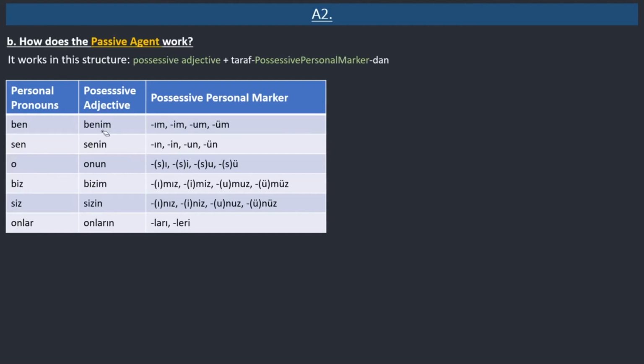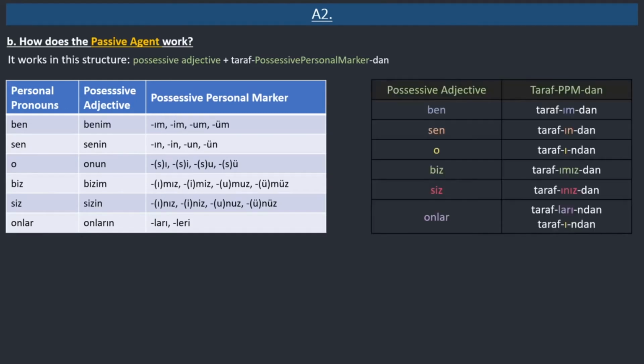Like benim, and if you want to say my car, the word for car is araba. So you will say benim arabam. Or if you want to say your car, senin araban. Okay? So that's what we are using here.